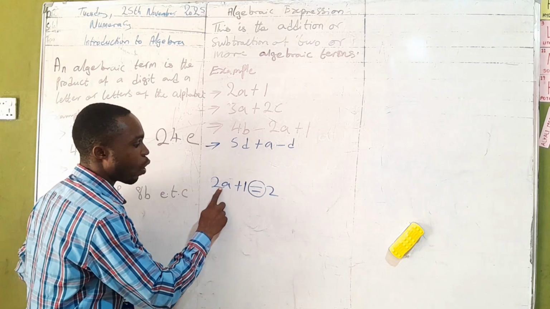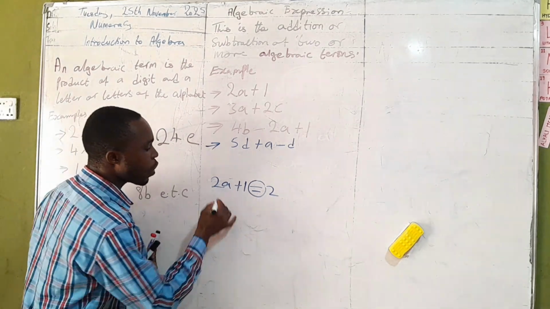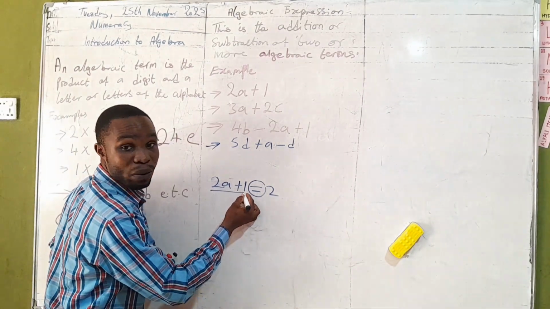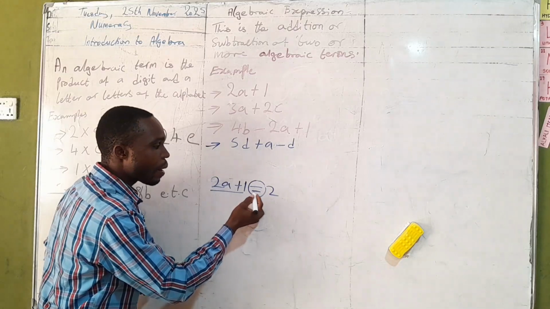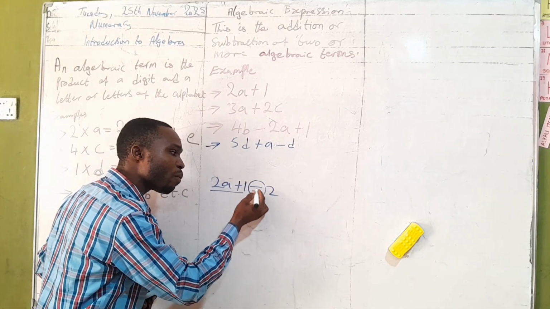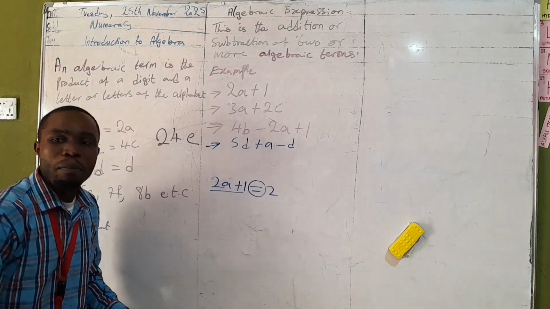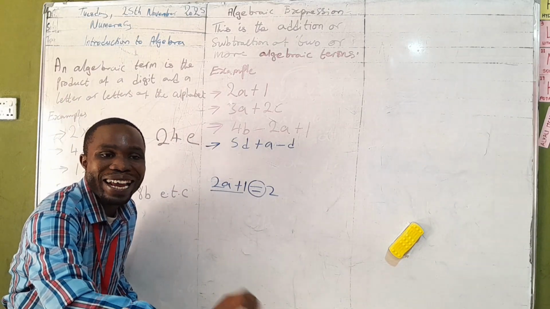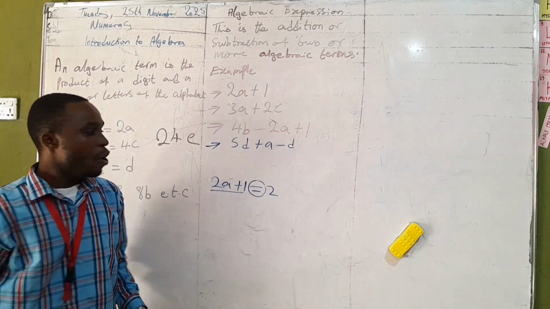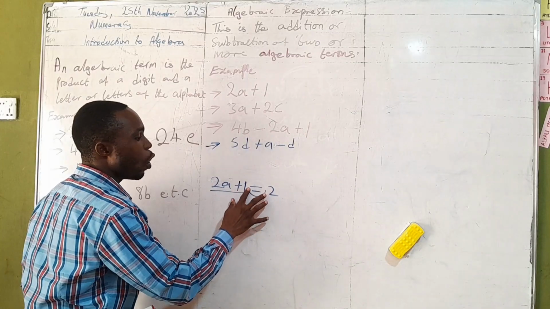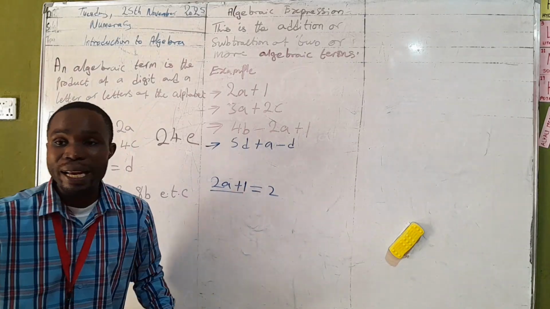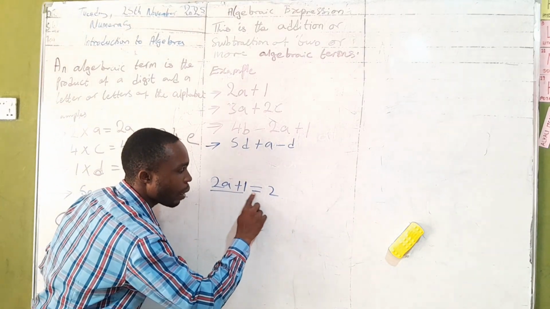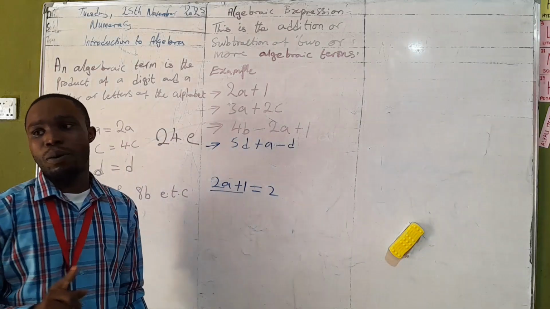Notice that this is an algebraic term. Also notice that this is an algebraic expression. Is that taken? Yes. Now, plus this equality symbol that has entered, it now advances to an algebraic equation. So once you see an equation, you will be able to identify it by the equality symbol.